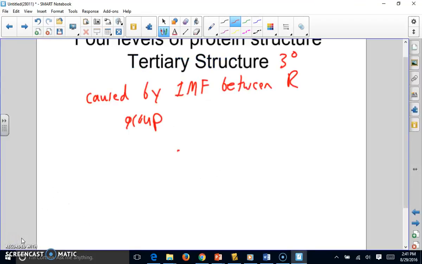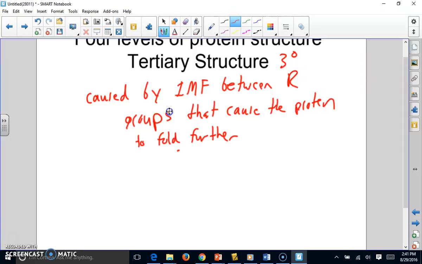So if we go back here, we're going to list the intermolecular forces that are involved. Tertiary structure is caused by IMFs between R groups that cause the protein to fold further.